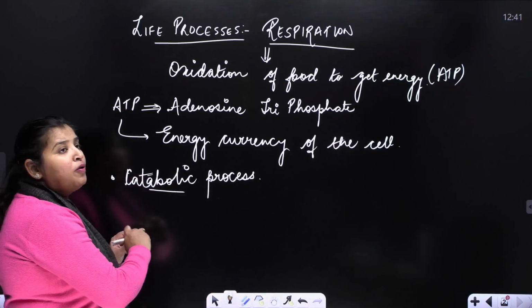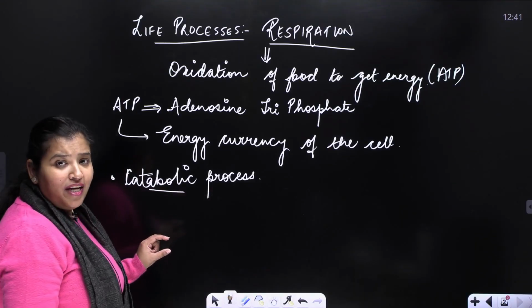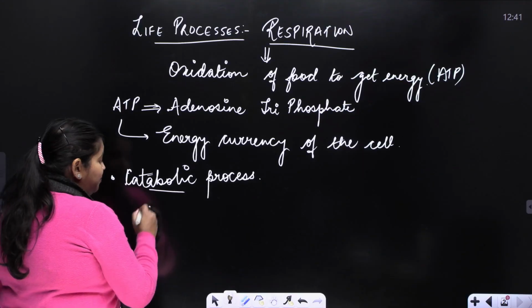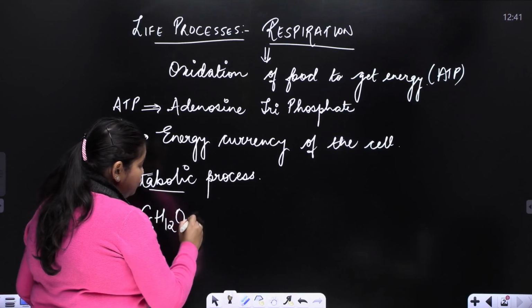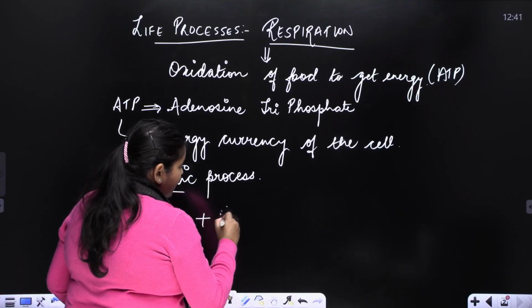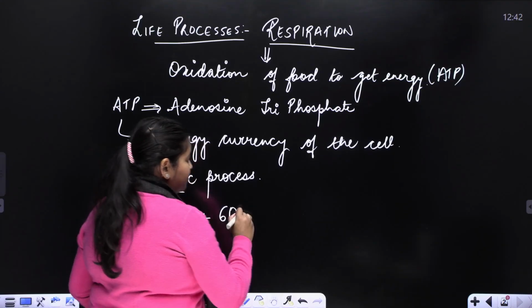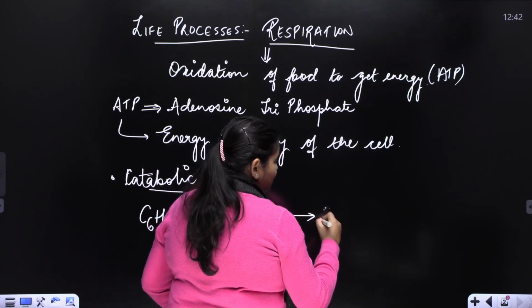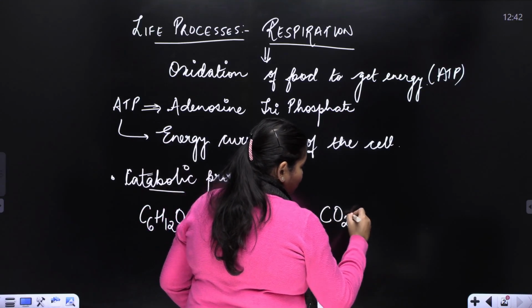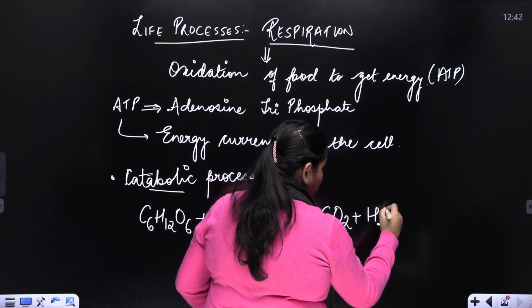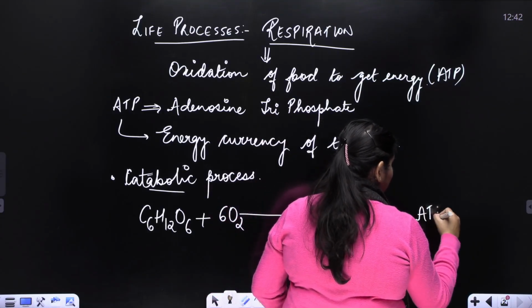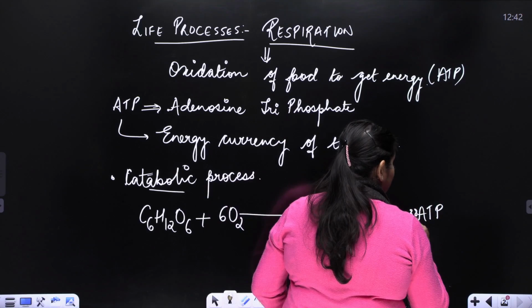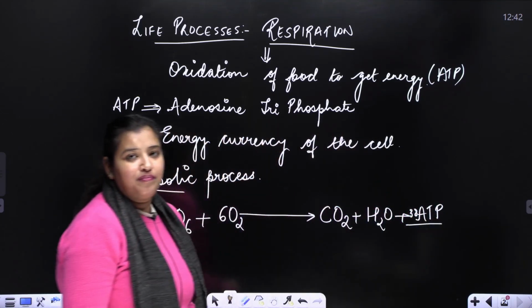If I have to put respiration in an equation, that would be glucose, which is the most commonly used respiratory substrate, in the presence of oxygen, gives us carbon dioxide, water, and ATP molecules, which are 38 in number.